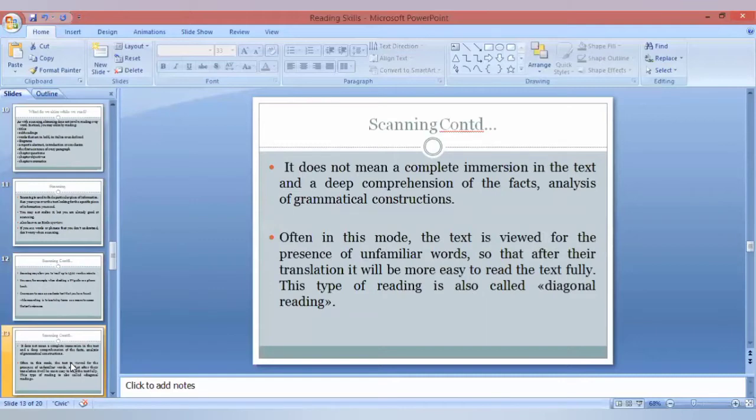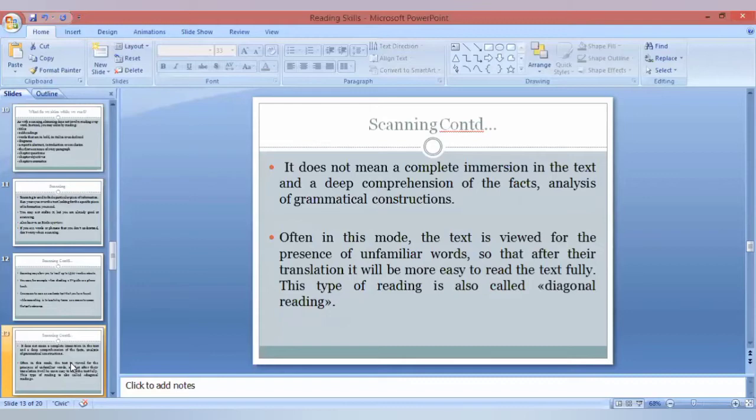Now, as I said earlier, it is not important that you should understand each and every word, each and every fact given, each and every grammatical construction in the text which you are reading while you are scanning a document or a written text.